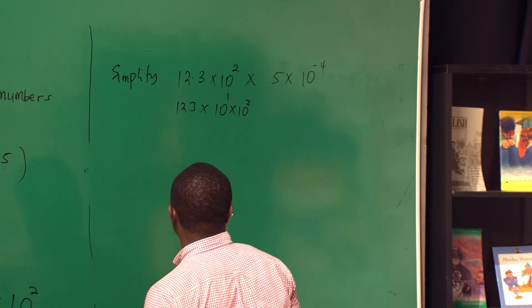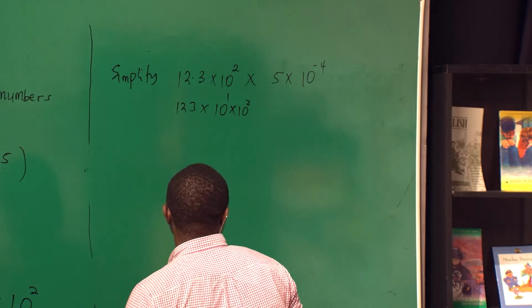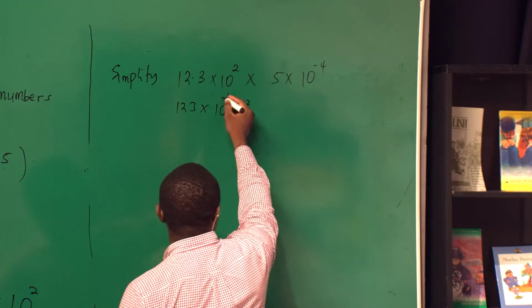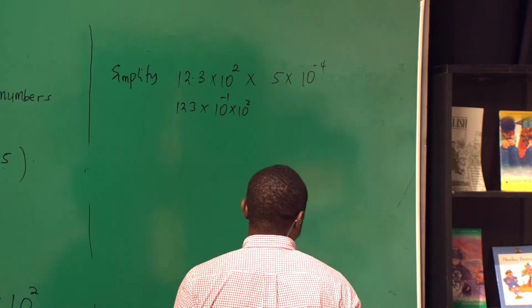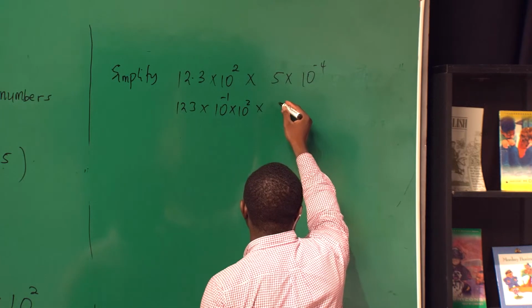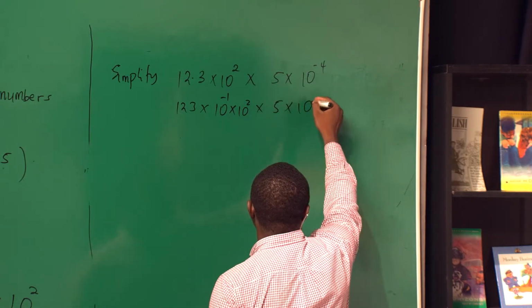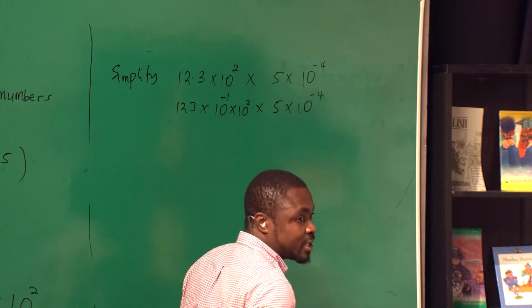Are you sure this should be exponent 1? Negative 1. Yes, you are moving from the left. Okay, so it carries negative 1. So the next one is times 5 times what? 10 exponent negative 4. Are you okay?